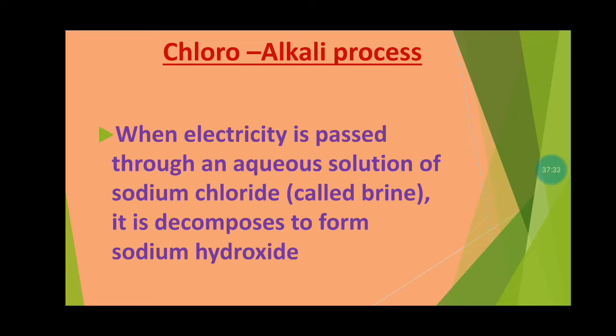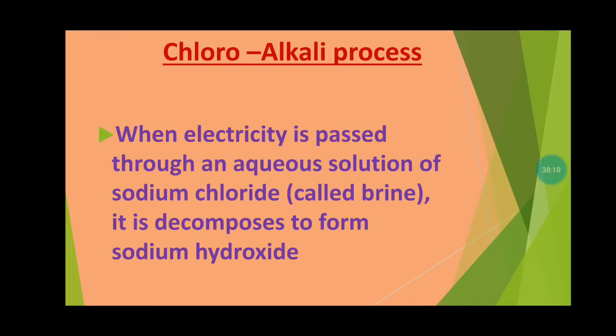It is attracted towards the anode, and two chloride ions deposited together form chlorine gas. It exactly happens in this reaction. Whenever electricity is passed through the solution, the cation is attracted towards the cathode and the anion is attracted towards the anode.